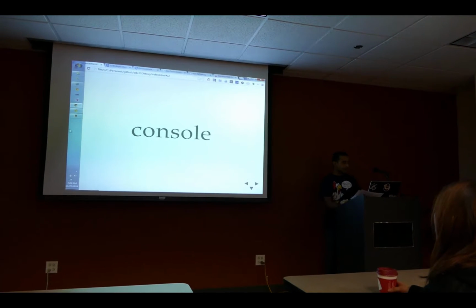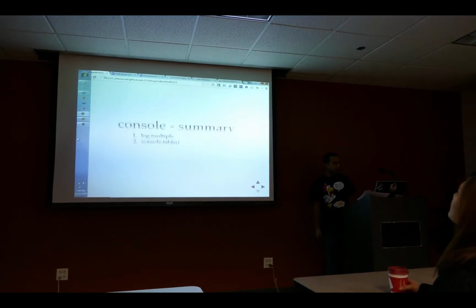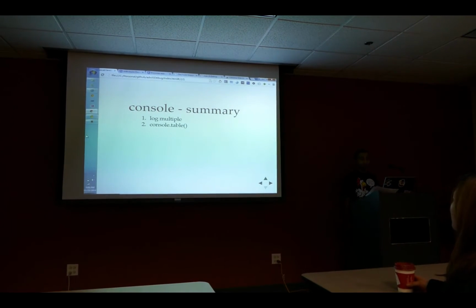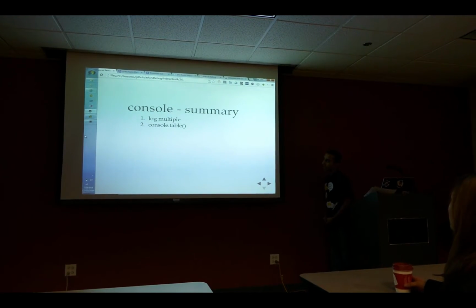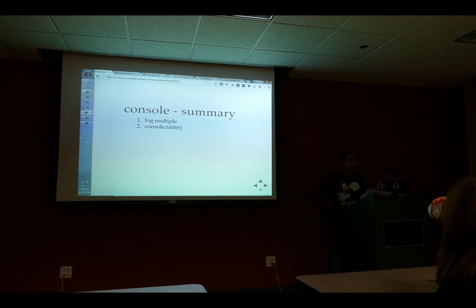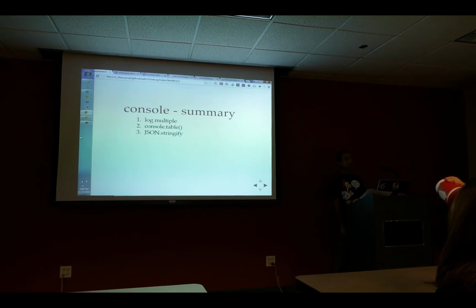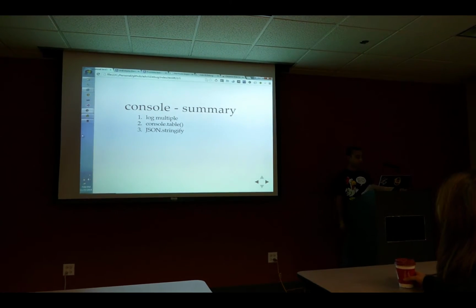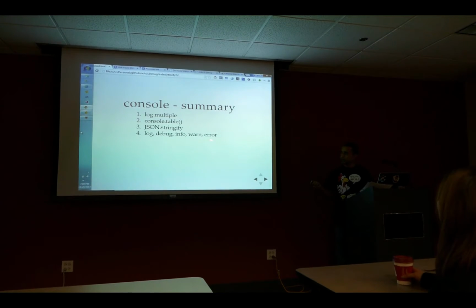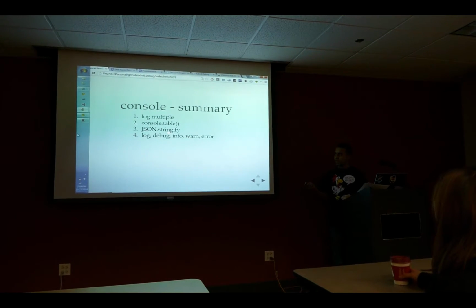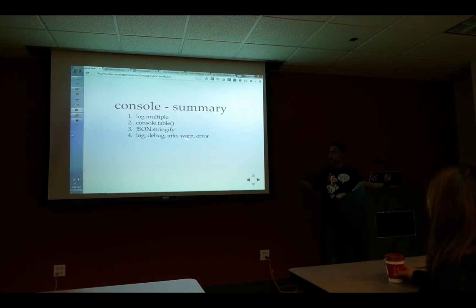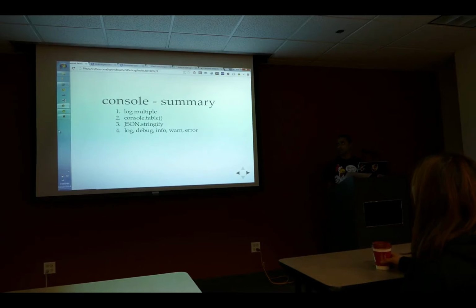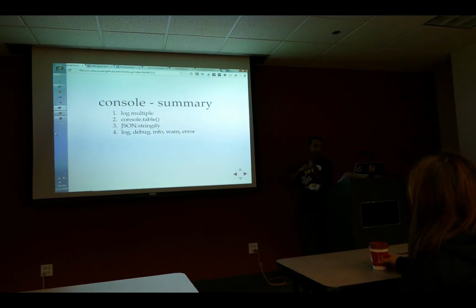So what we talked about regarding the console so far: you can log multiple things by using commas. You can use console.table if you want to log an array of objects or an array of arrays. And you can use JSON.stringify if you're interested in seeing all the properties and values of an object. Log, debug, and info are pretty much the same thing, only info has a different icon. And if you use console.error, you will get the call stack and a red color there.